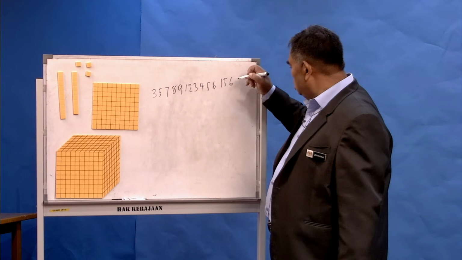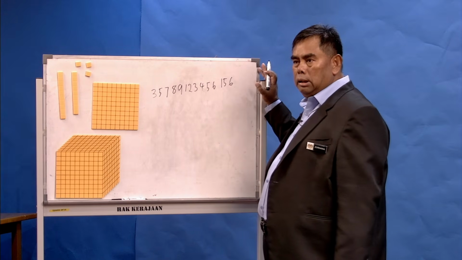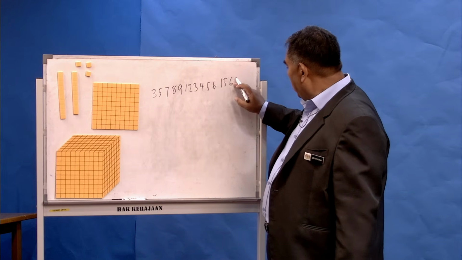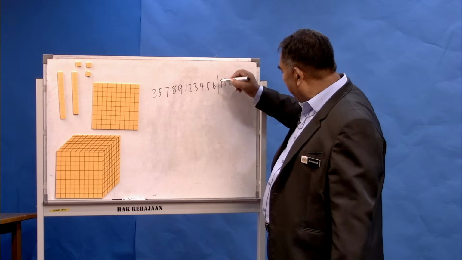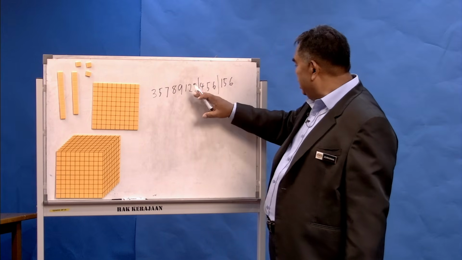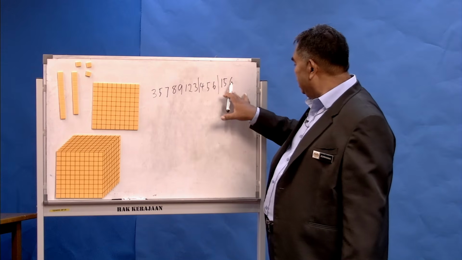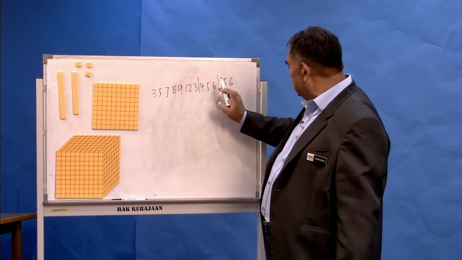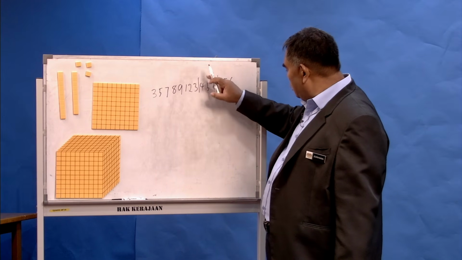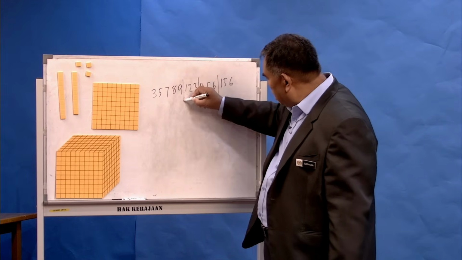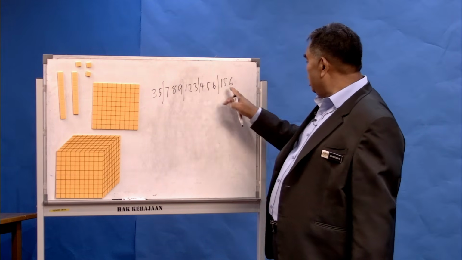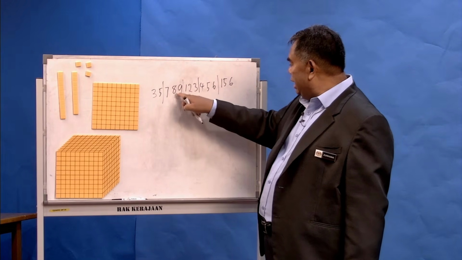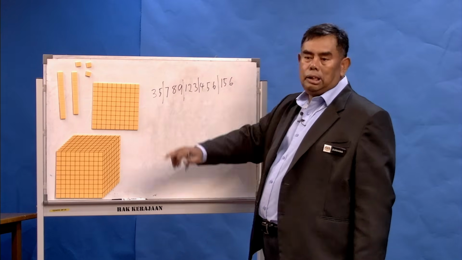We always start from left to right. We divide it into parts of 3: 1, 2, 3; 4, 5, 6; and so on, up to 14. So we have 14 digits.